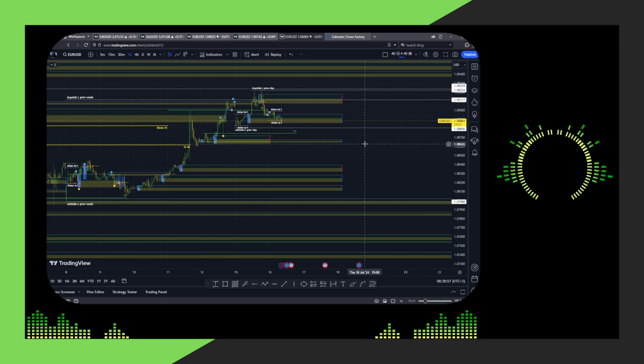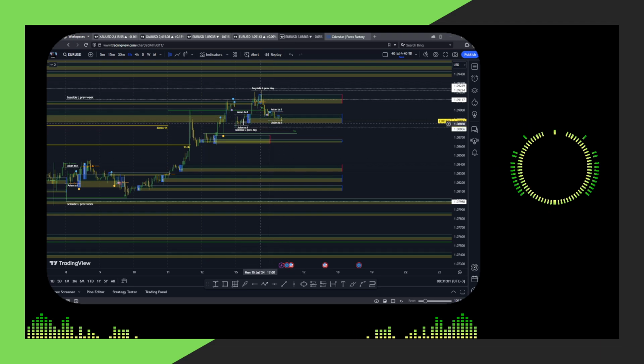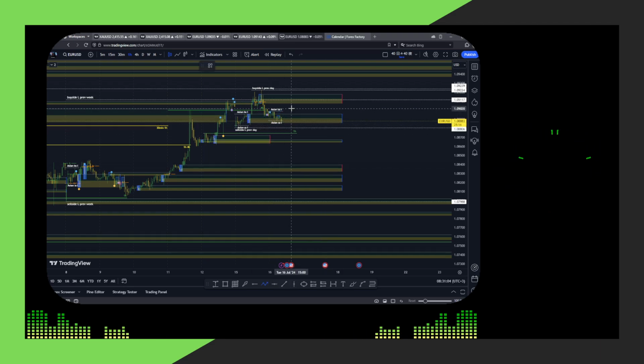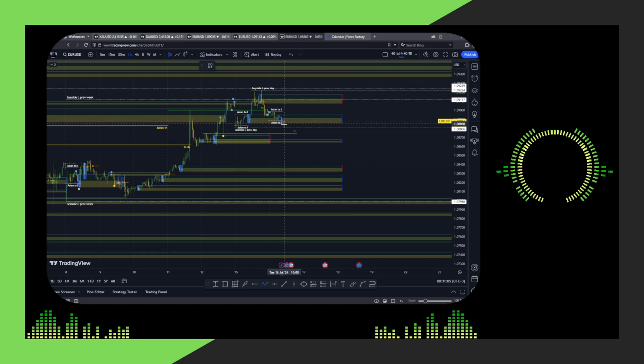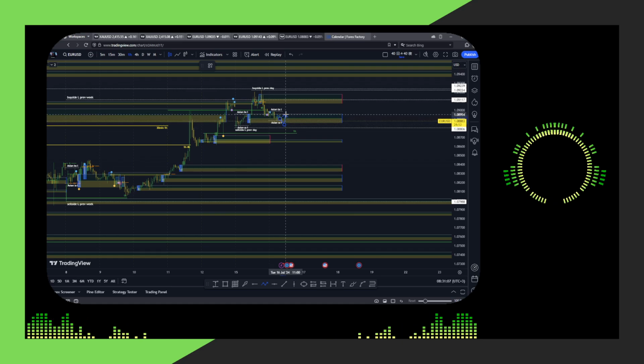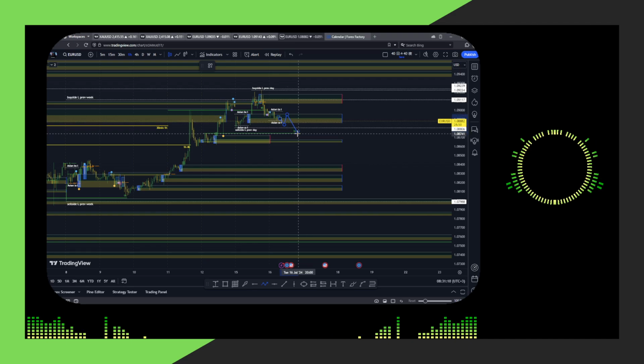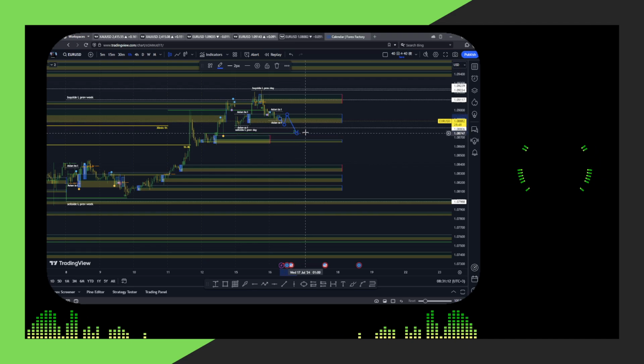The price is still continuing to push to the downside, and with the break of this demand zone that we are trading inside, we may see the price retrace back to this particular point in order for us to continue pushing to the downside.